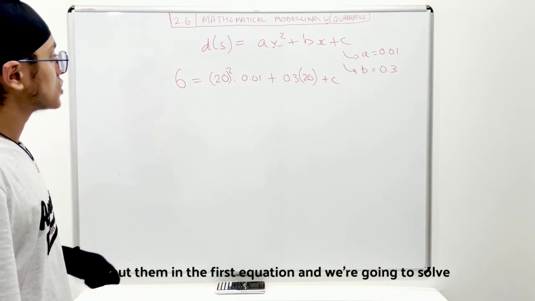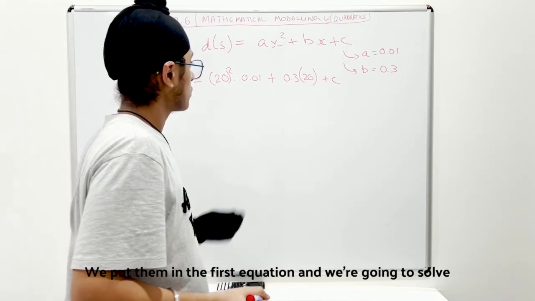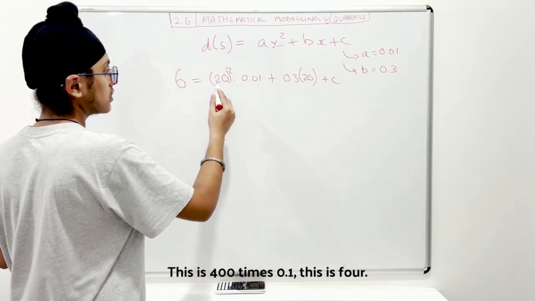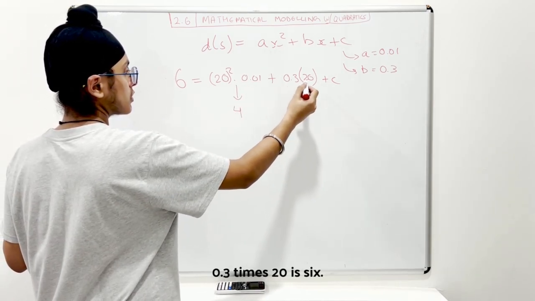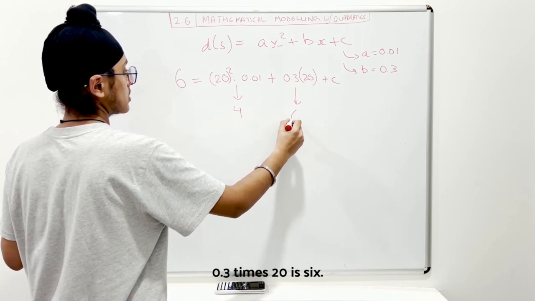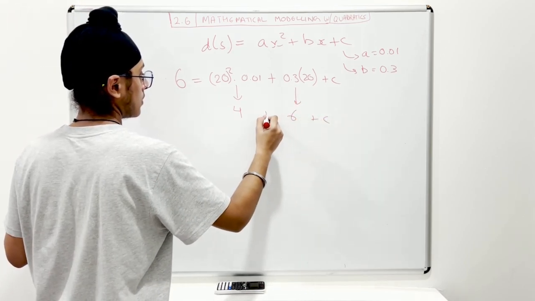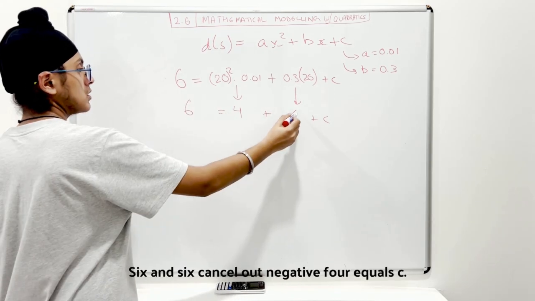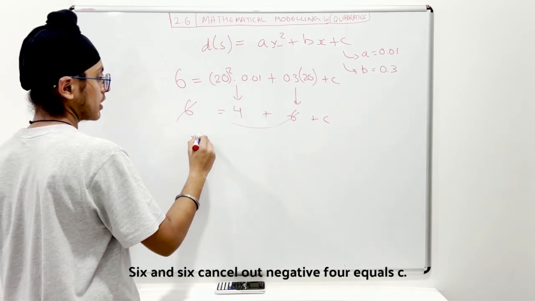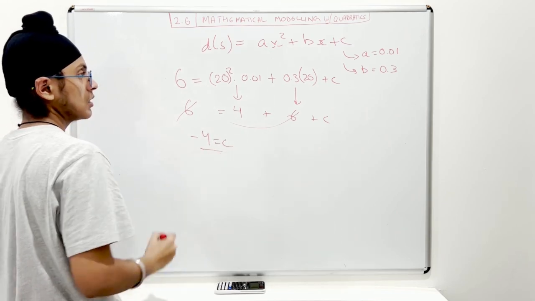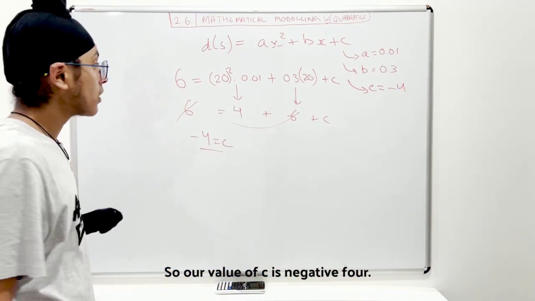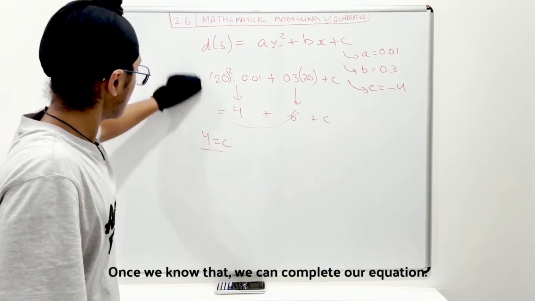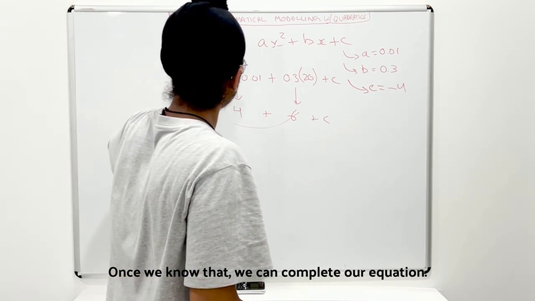We're going to solve for the value of c. This is 400 times 0.01, which is 4. 0.3 times 20 is 6. 6 and 6 cancel out. Negative 4 equals c. So our value of c is negative 4.